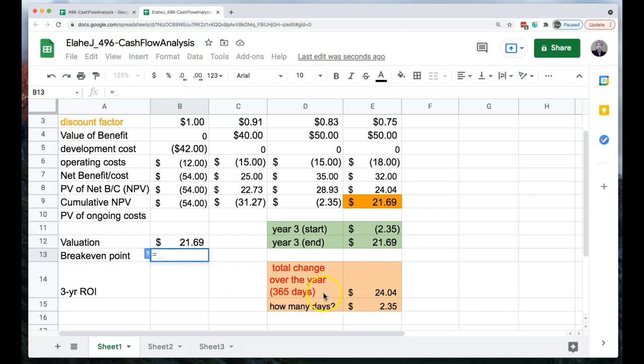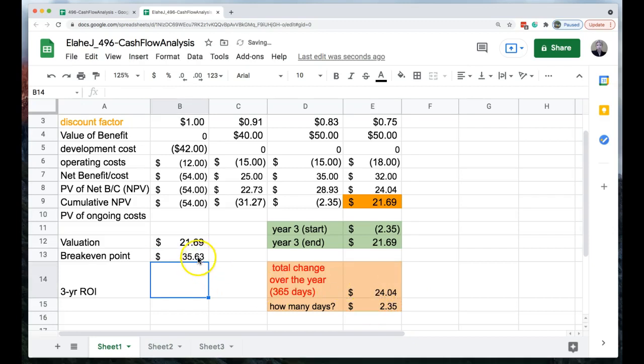You multiply 365 by this number and divide it by this number, and that's high school number crunching. So I'm gonna multiply 35 times this number divided by this number.